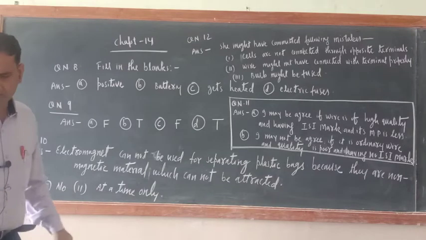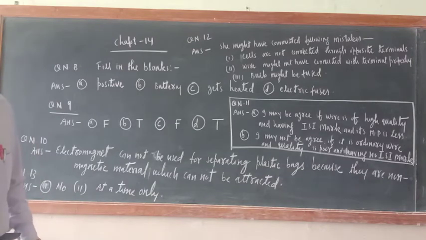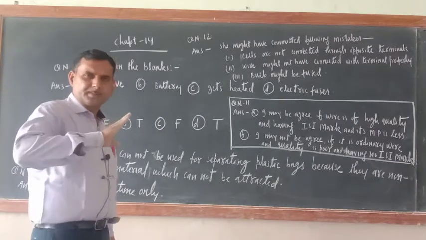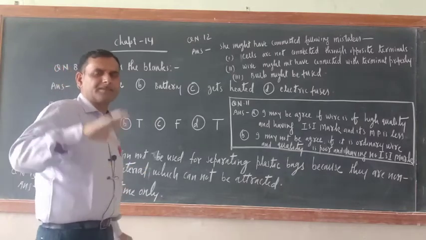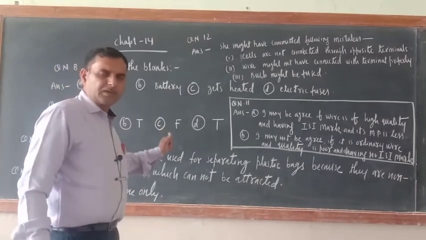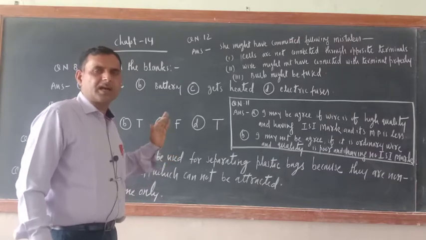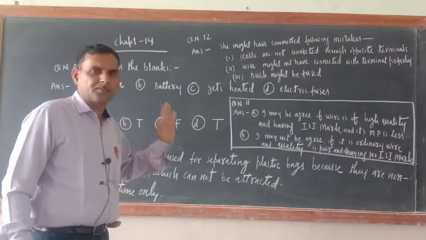Now question number 10 is: do you think an electromagnet can be used for separating plastic bags from a garbage heap? Explain. Actually, an electromagnet can be used to separate magnetic material from the heap. The plastic here is non-magnetic material and cannot be separated using an electromagnet.